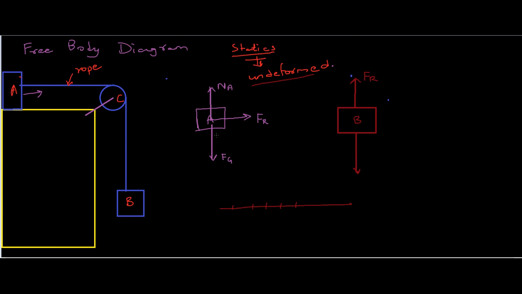We denoted the gravitational force of A as Fg. Let's just call it Fga to avoid confusion, so this is Fga, and this is going to be Fgb. You can write it like this as well if you want. Fga and Fgb, because these two gravitational forces are of course different unless the masses of the two objects are the same.